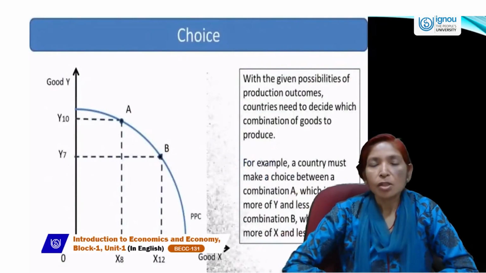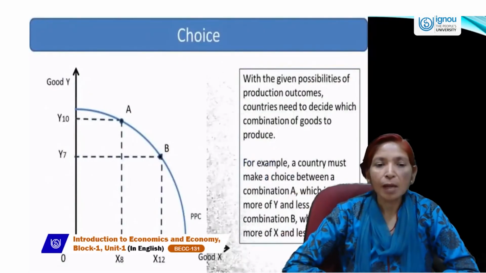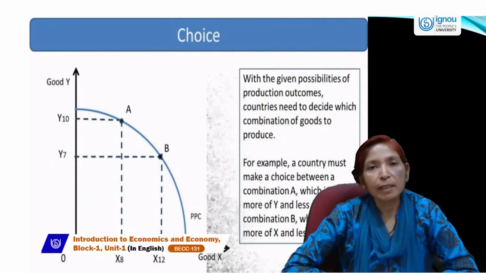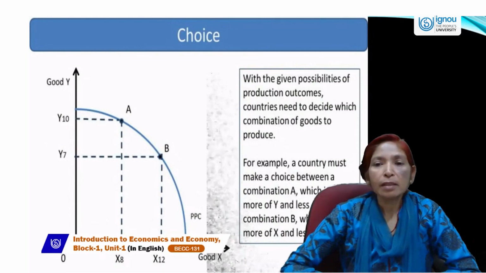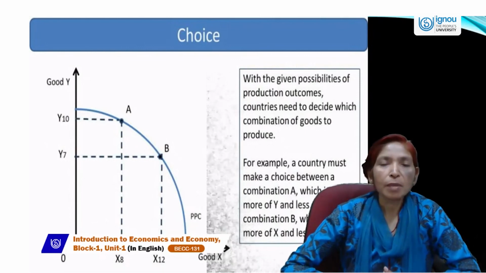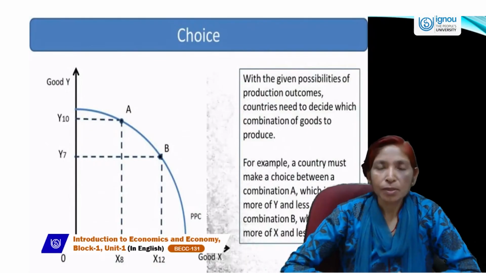Next is choice, which we can show with the help of this production possibility curve. With the given possibilities of production outcomes, countries need to decide which combination of goods to produce.